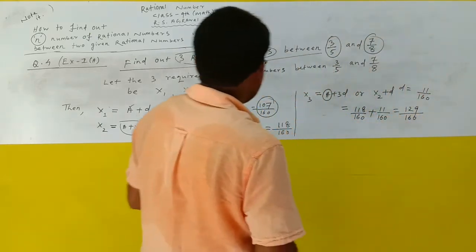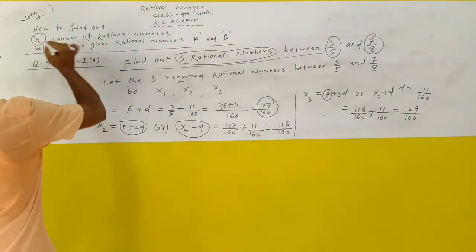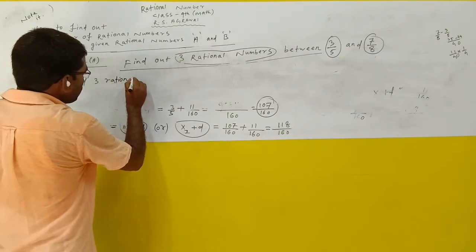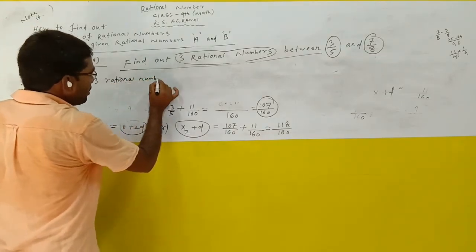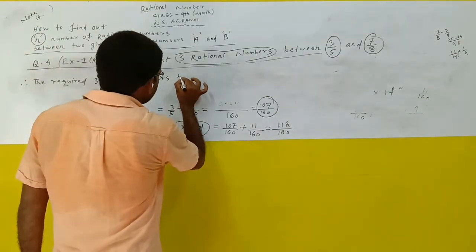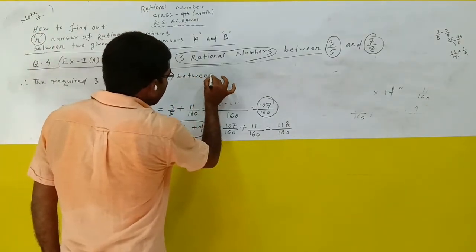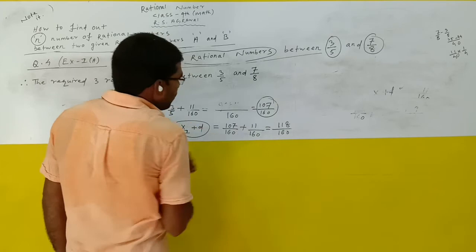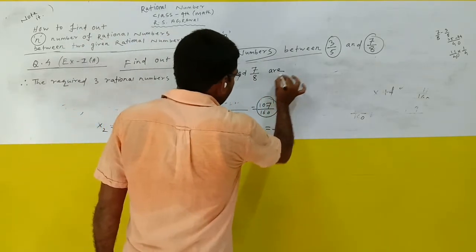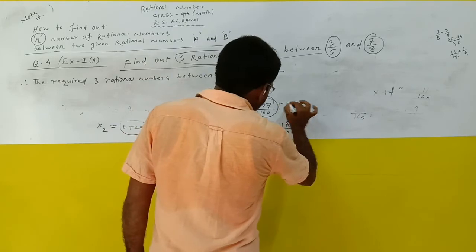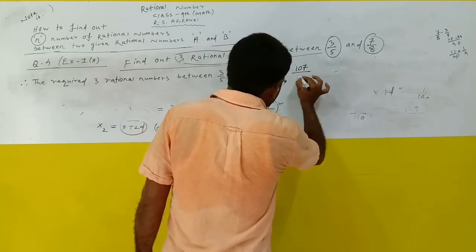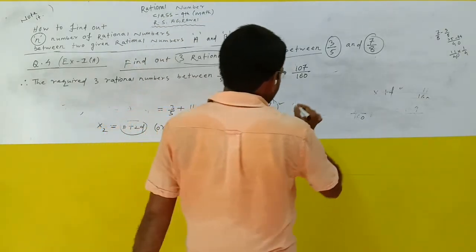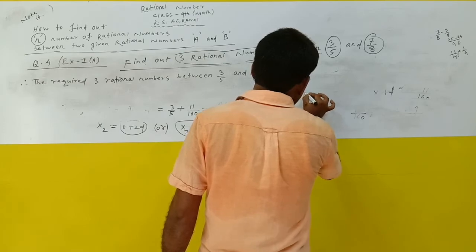So first note it. The required three rational numbers between 3 by 5 and 7 by 8 are: the first required rational number is 107 by 160, which you considered as x1.